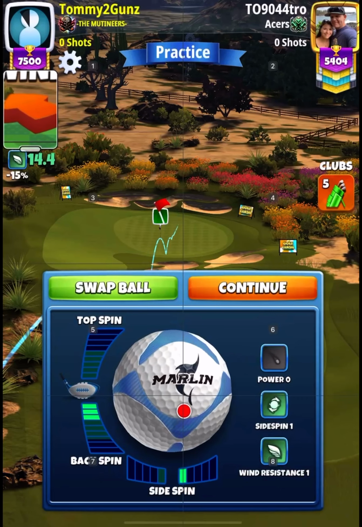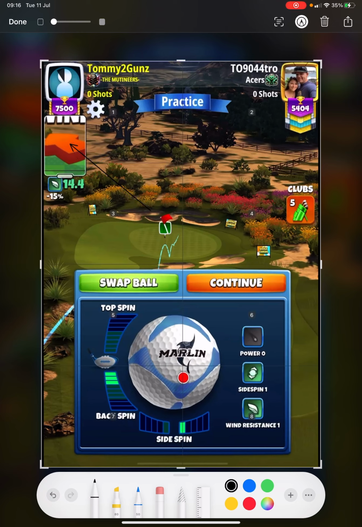So if the wind arrow is pointing like that, like it is now, and then the next time you play it, the wind arrow's pointing that way, as you hit your ball off the tee, let's say your tee's there and you hit into there, if you get the wind that we've got in the picture, the ball flight's going to go like that.